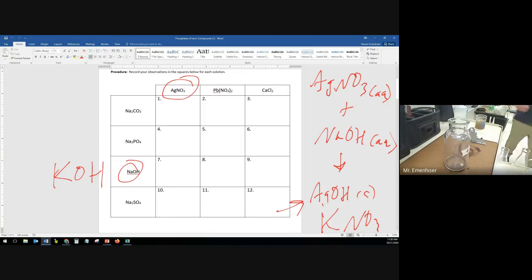Okay, here's a filter. Where's filter paper? Filter paper, there we go. And then I'm going to pour this on top. And it'll kind of mold to the funnel shape a little bit.